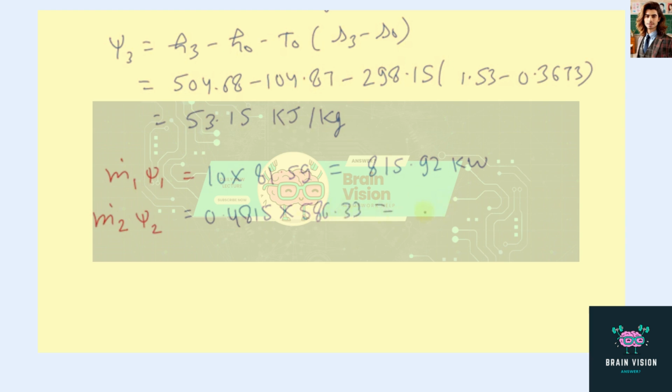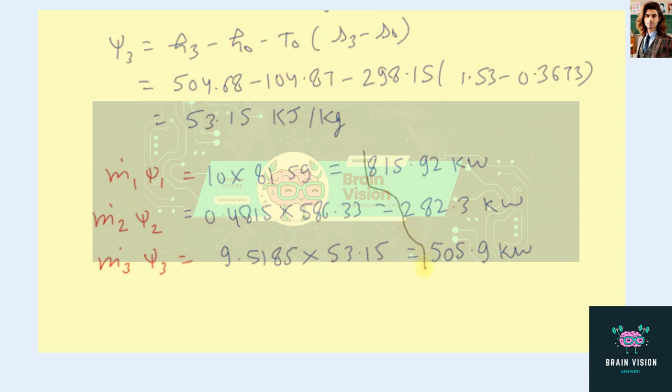So this will be equals to 282.3 kilowatt. Similarly, m3 dot into psi 3 will be equals to 9.5185 multiplied by psi 3, that means 53.15. So this will be equals to 505.9 kilowatt. So these are the final answers for the three fluxes of exergy.